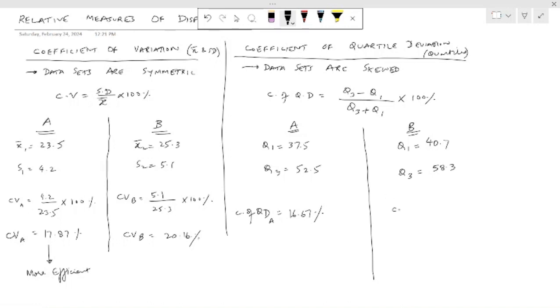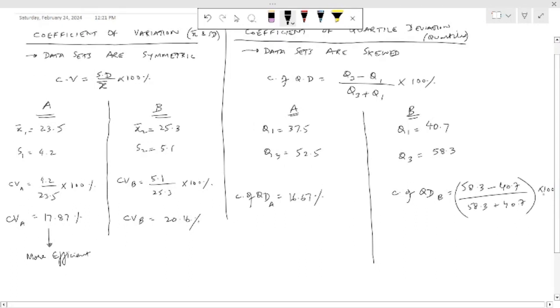Similarly, for coefficient of quartile deviation for worker B, the working is 58.3 minus 40.7 divided by 58.3 plus 40.7, and multiply this ratio by 100%.